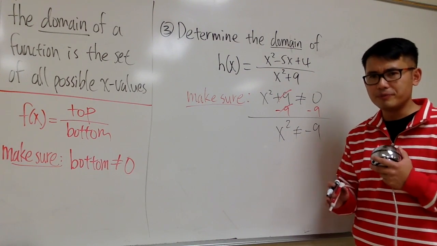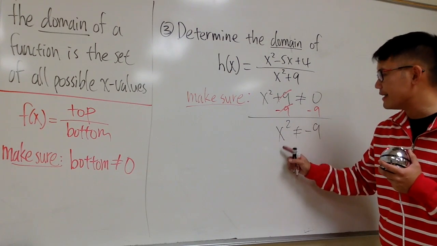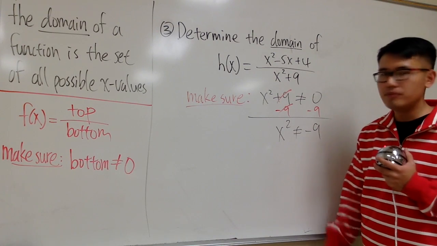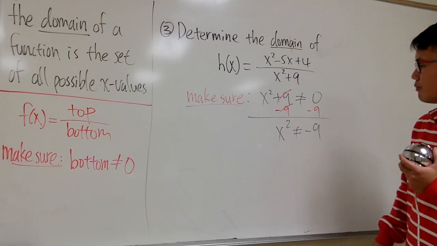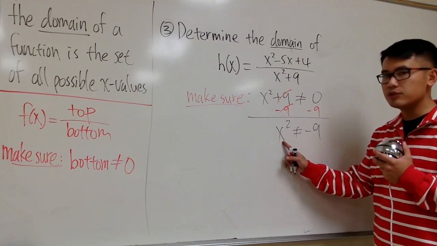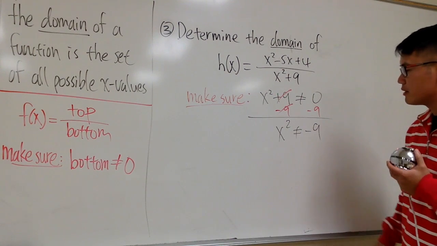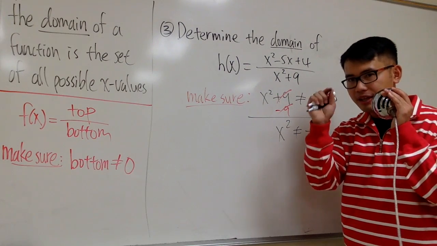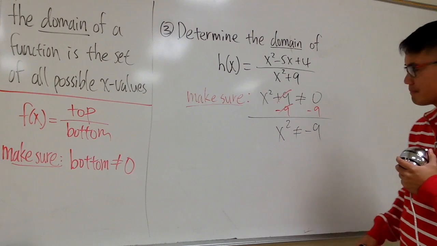And let me ask you, is it possible to fill in an x value so that after you square that, you get negative 9? Is this ever possible? Well, no, right? If you put in 3, 3 squared is positive 9, so it's not negative 9. If you put in negative 3 right here, in the parentheses, and square that, you still get a positive 9, right?